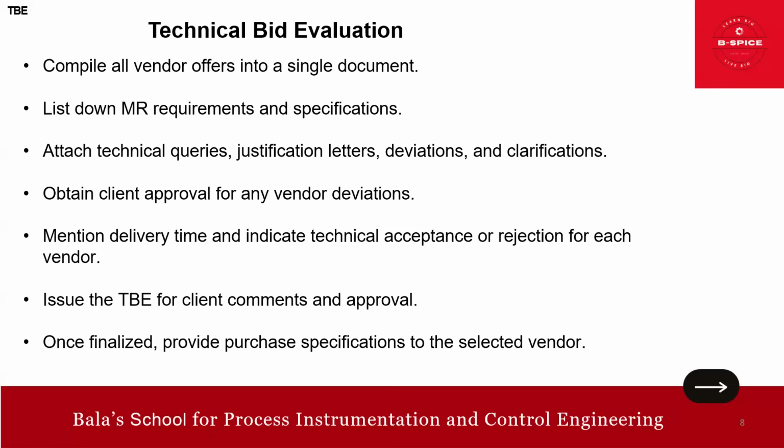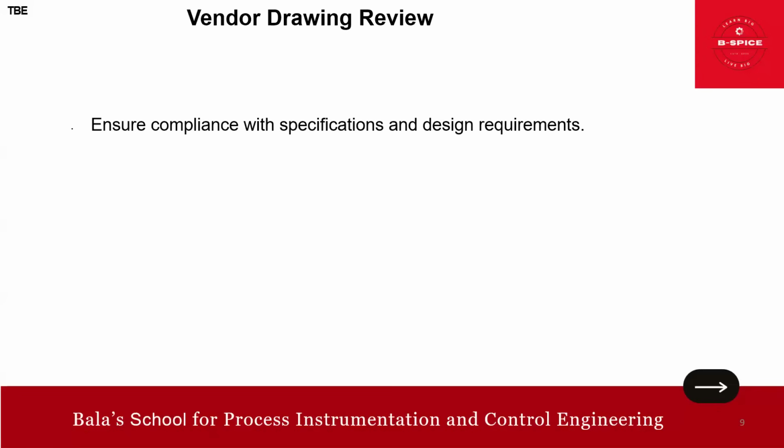After the PO, we are supposed to get all these drawings. So now we will see the vendor drawings. We have to ensure compliance with the specification and design requirements, and address any discrepancies or deviations.